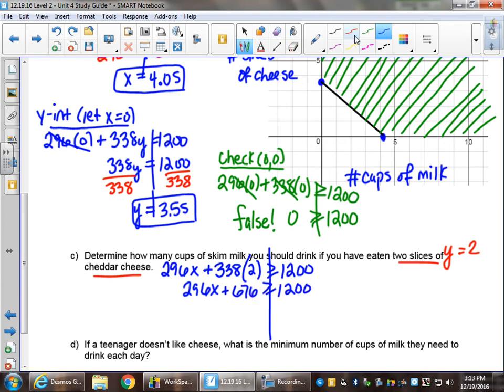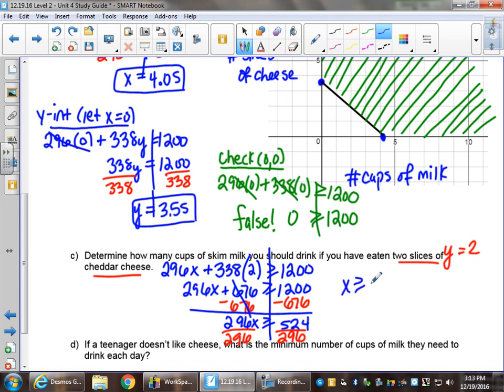And from here, we're just solving. So if there's something we can add or subtract, we want to take care of that first. I can subtract 676 from both sides. So I have 296x greater than or equal to 1200 minus 676 is 524. Let's divide both sides by 296. We get 1.77.